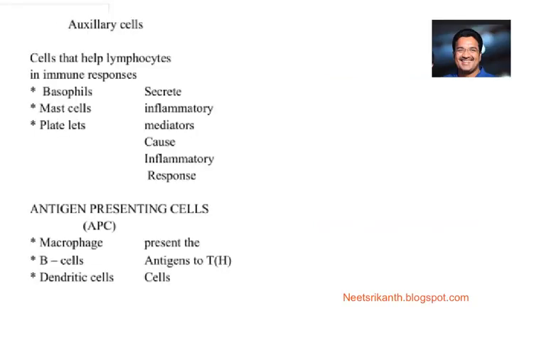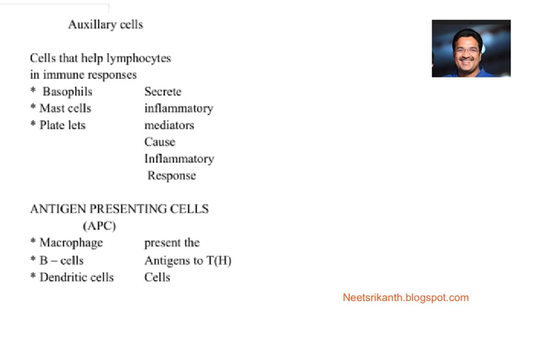The third type of cells of the immune system are auxiliary cells. The cells that help lymphocytes in immune responses, like basophils, mast cells and platelets, secrete inflammatory mediators which cause the inflammatory response.